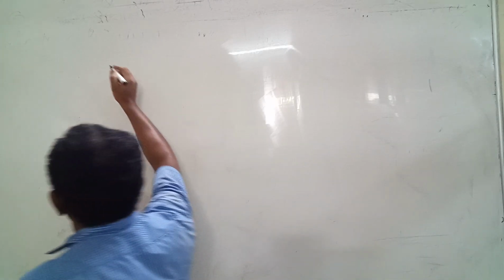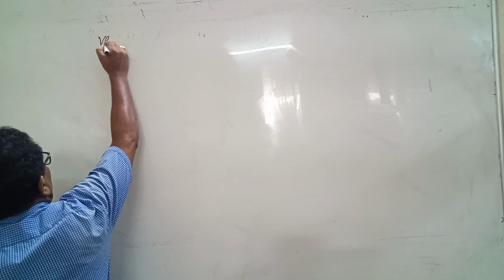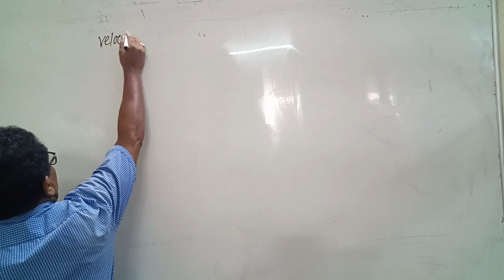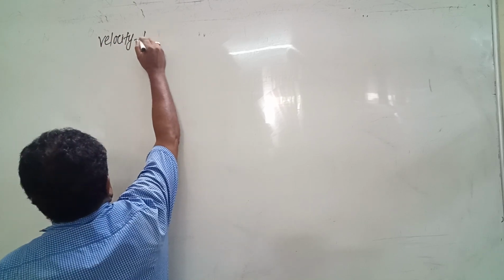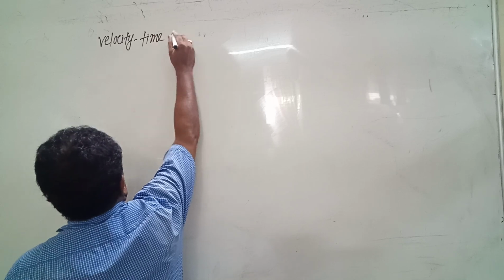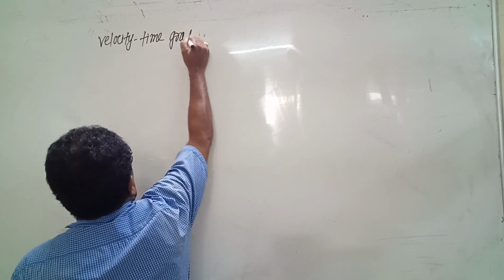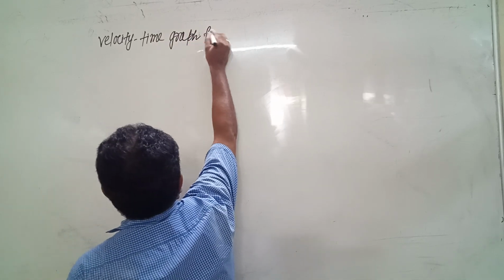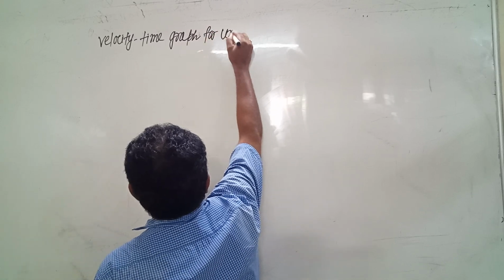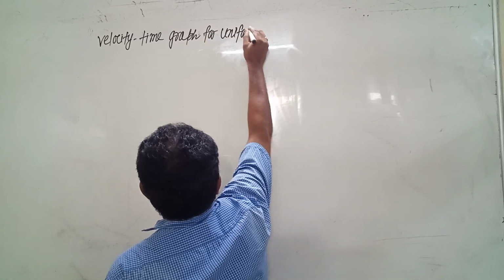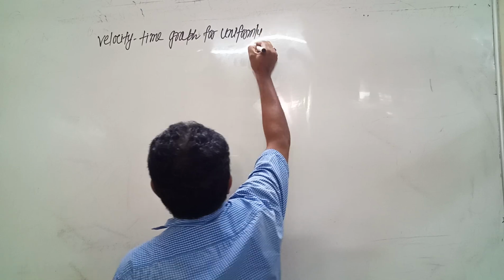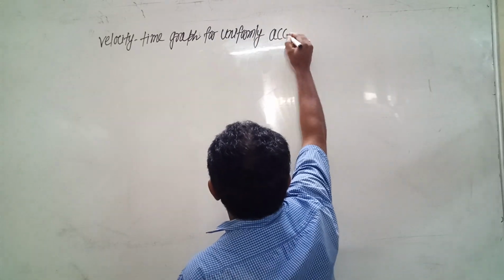Today we will discuss velocity time graph for uniformly accelerated motion.